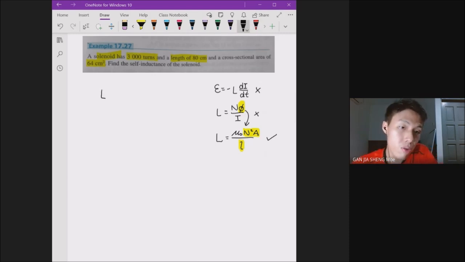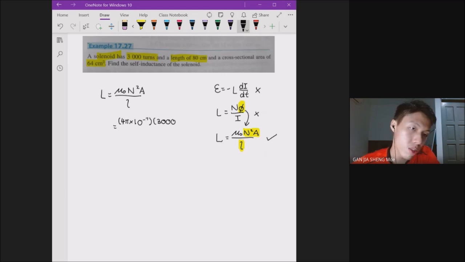So L will be equal to mu naught N squared A over l. We know that the permeability of free space is 4 pi times 10 to the power negative 7. The number of turns is 3000 squared. The cross-sectional area is 64 cm squared, changed to meters, times 10 to the power negative 4.